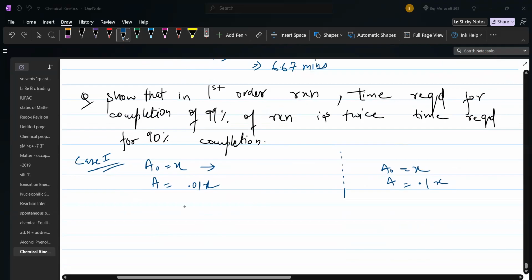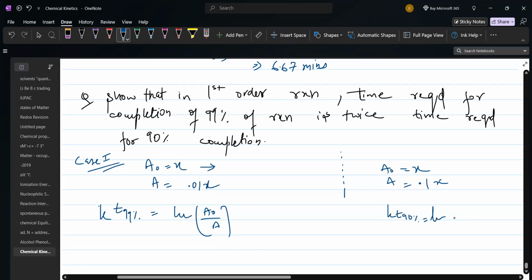Okay. So this is like we have done 99%. T 99% is 1 upon K, Kt is equal to ln A naught upon A. Similarly, this side also, K of t 90% is equal to ln A naught upon A. Yes or no?